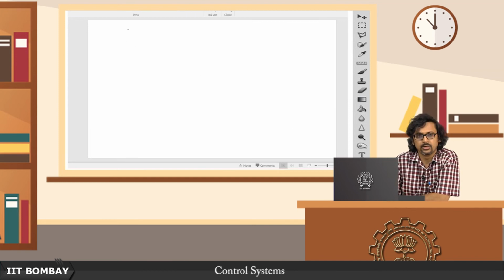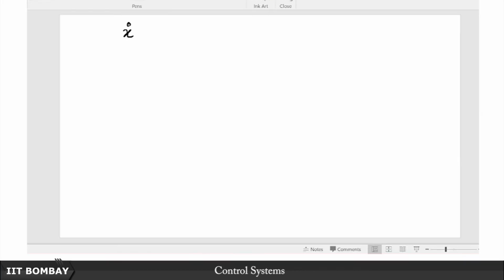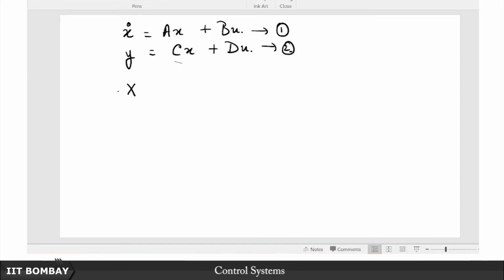So look at this equation here. You have x dot is equal to Ax plus Bu and y is equal to Cx plus Du. As you might recall, what we did here was take the Laplace transform. This is my state equation and this is generally called the output equation. So I take the Laplace transform of this, minus x naught minus, that's the standard Laplace transform, nothing fancy about this.